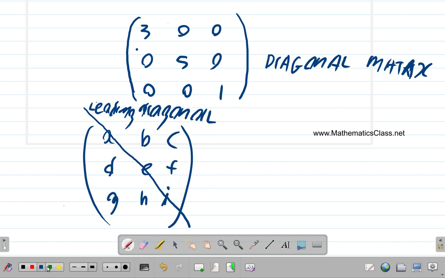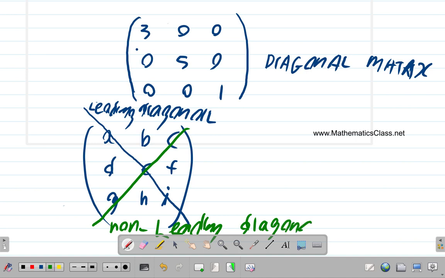See that? Then this diagonal is called the non-leading diagonal. So the leading diagonal runs from upper left to lower right.